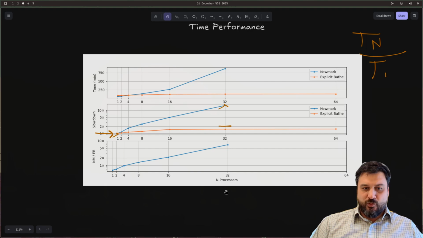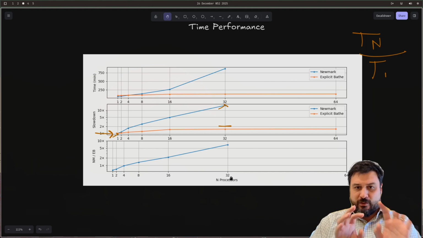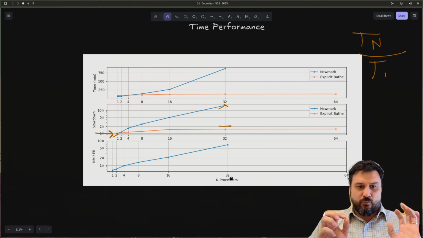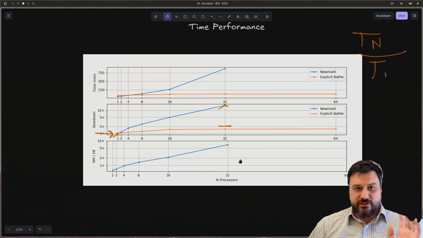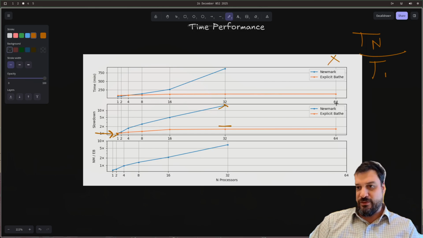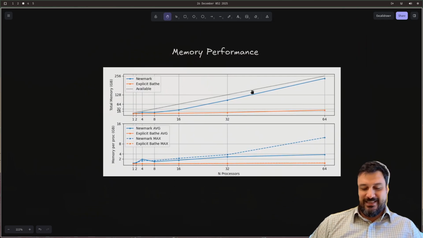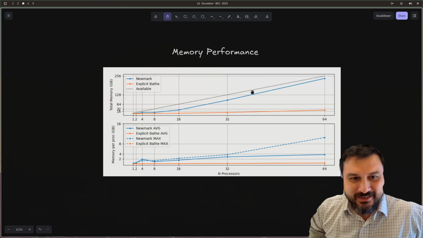And as I move towards 32 processors, I'm starting to use in my cluster more than one node, more than one computational node, so more than one computer over the network. And you can see here, there's no plot for Newmark because I was not able to go with Newmark all the way up to 64 processors. Check it out. But this is really, really good.